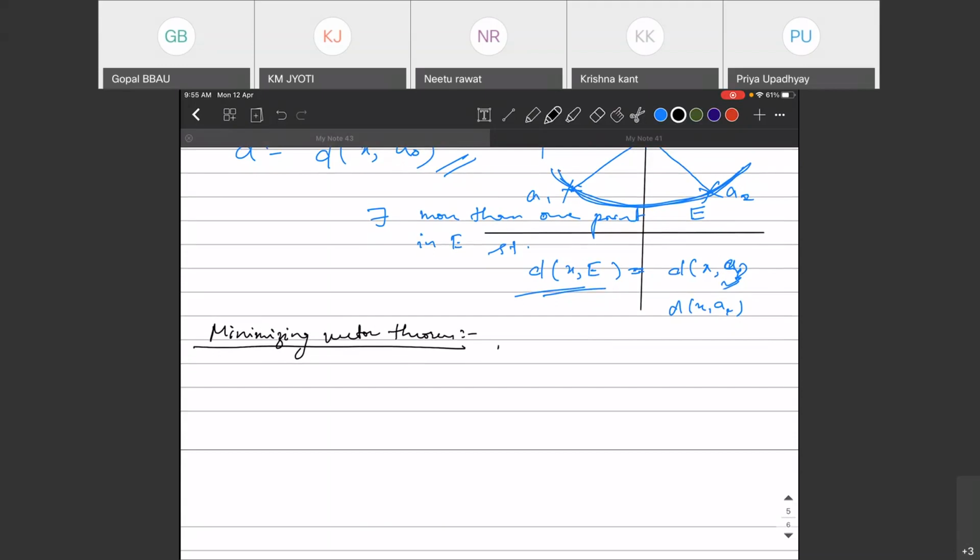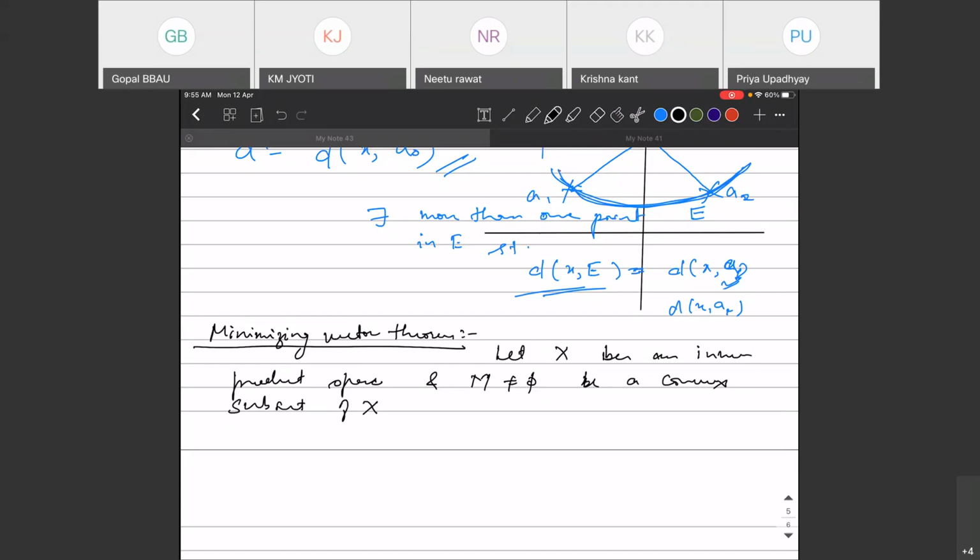Okay, so let's write. Let X be an inner product space and M a non-empty convex subset of X. And one more thing, M should be complete.